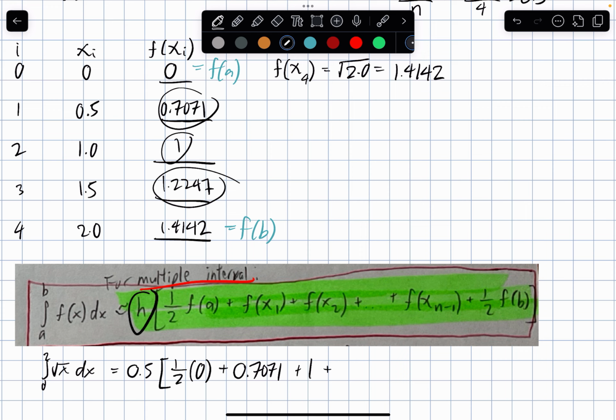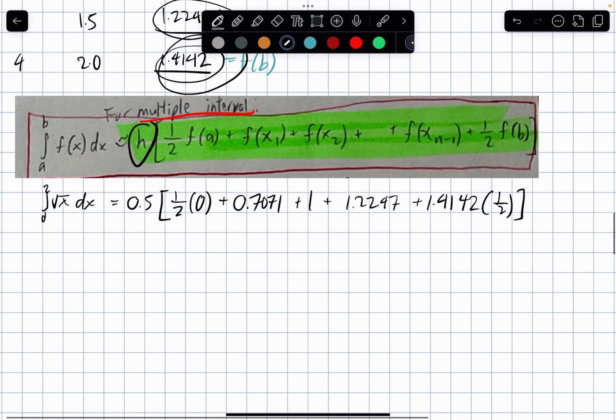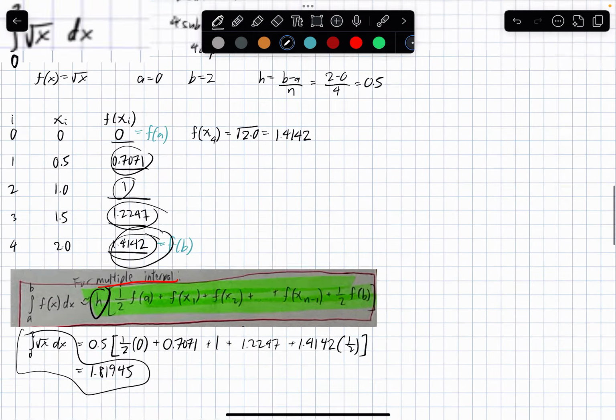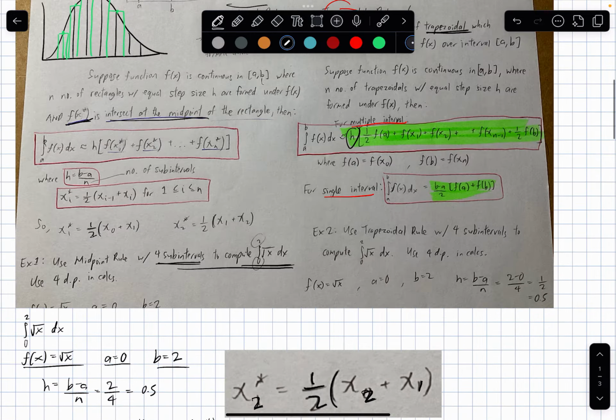F of x sub 3 is this. F of x sub 4 is this. And then 1/2. Ito na pala yun. F of B, no? And then times 1/2. Ayun na yun. And then just calculate. Eventually, your answer is gonna be 1.81945. Okay? So, that's for multiple interval trapezoidal rule.